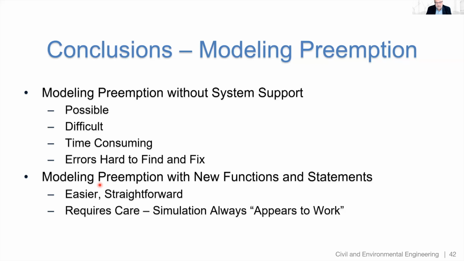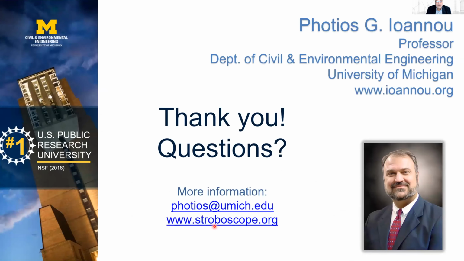But as always with simulation models, it requires care because simulation always appears to work. It gives you results, but those results are not always necessarily correct. So one has to go back and examine the model very carefully so the results come out correct. And that's as much as I would like to say in the amount of time available. So thank you, and I'll be glad to take any questions that you may have.